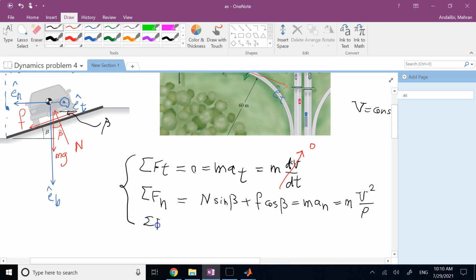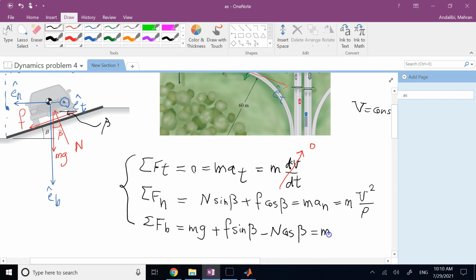In the binormal direction, we have mg positive because b is downward, then plus f times sine of beta, which is also down, and then minus n times cosine of beta, which is upward.